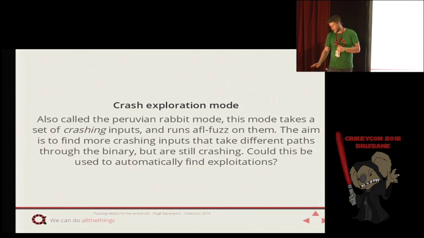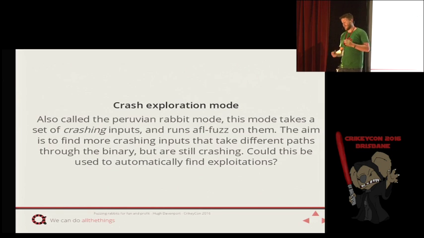The last feature I was going to talk about before walking into some of the bugs that I've found is the crash exploration mode, or Peruvian were-rabbit. So normally when you run AFL, you give it an input that doesn't crash the program, and you're trying to find an input that does crash the program. In Peruvian were-rabbit mode, you give it the input that does crash the program, and then it goes through and finds more crashing inputs that take different program paths while still crashing.